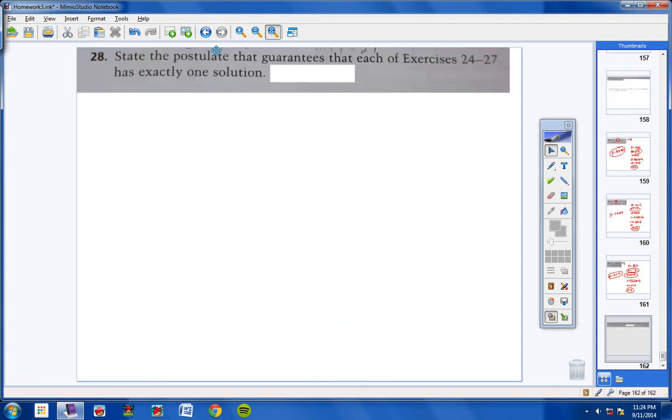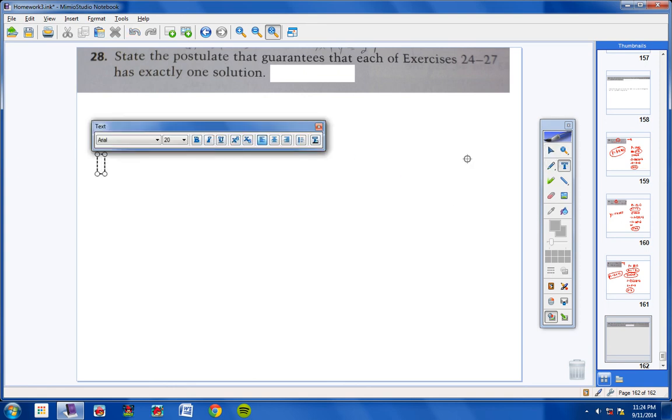All right, I think we have one more question left. State the postulate that guarantees that each of the exercises in 24 through 27 have exactly one solution. Well, I'm going to type it for you. And it's very similar to the one we typed earlier, only instead of using parallel, they use perpendicular, okay?